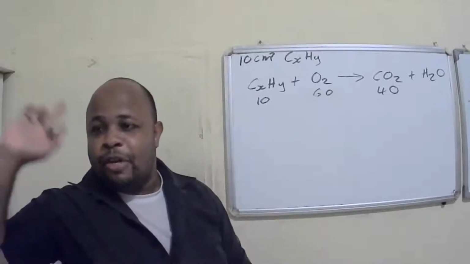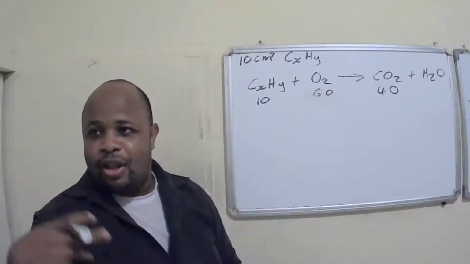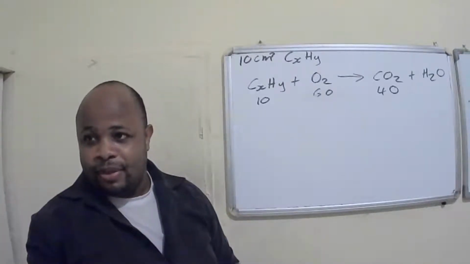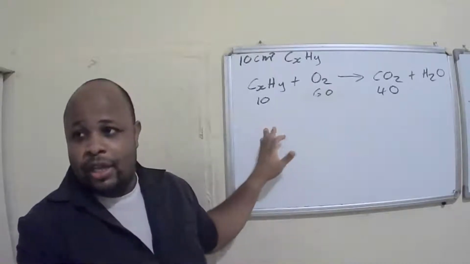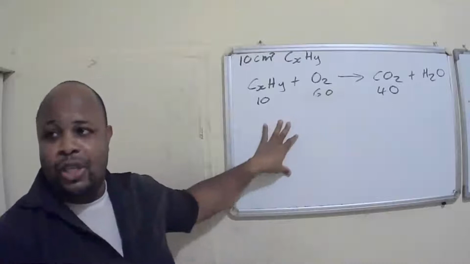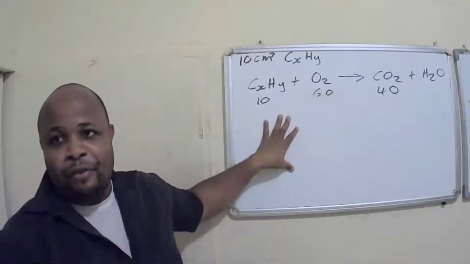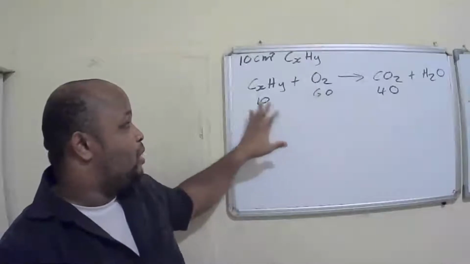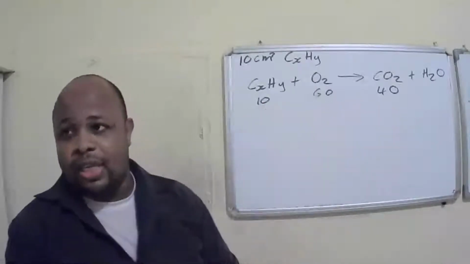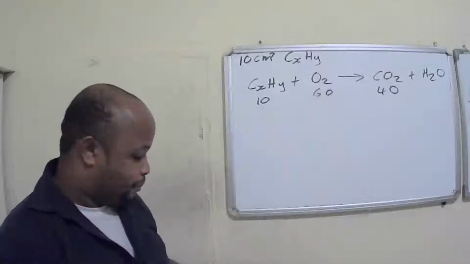Remember, in the first question we did the empirical and molecular formula, but a different way. This is a similar type of calculation, but the approach is different. What we are going to do now is get the moles of each of these. So let's see how we can approach it.